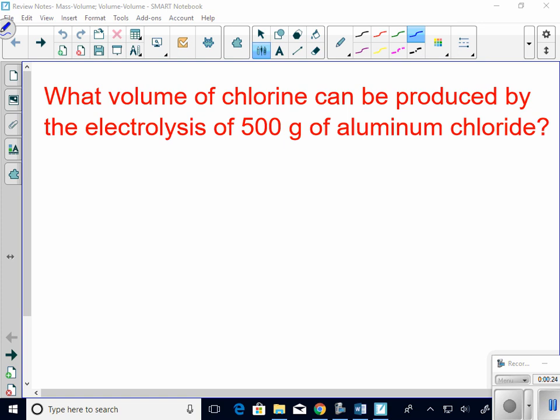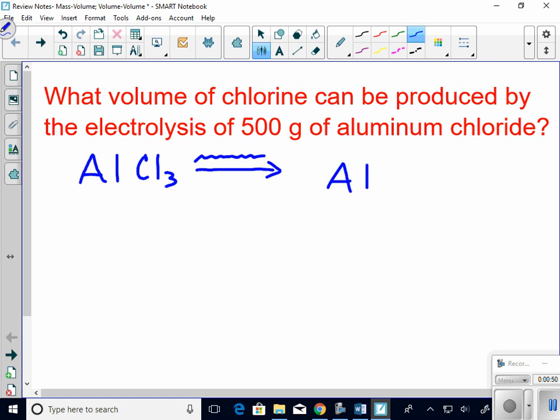So, using my reaction prediction knowledge, I know that aluminum chloride is AlCl3. Aluminum's a 3 plus, chlorine's a 1 minus. It is undergoing an electrolysis, so it is going to split into the individual elements: aluminum and chlorine.